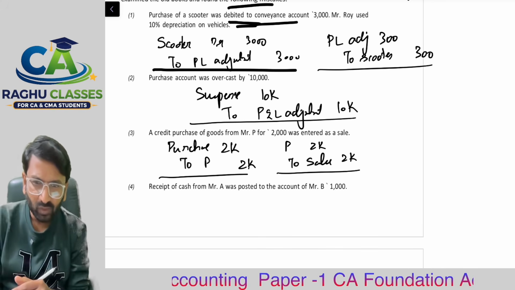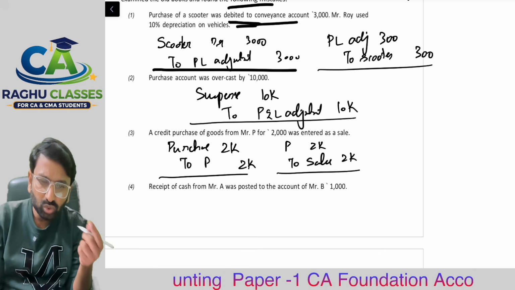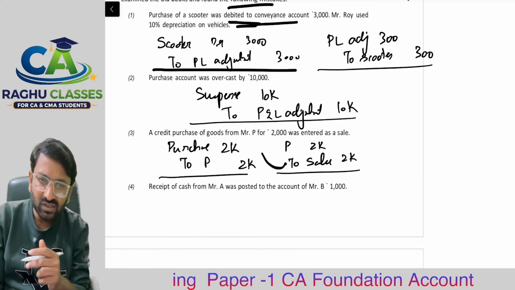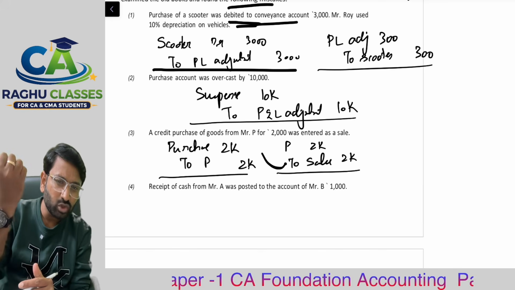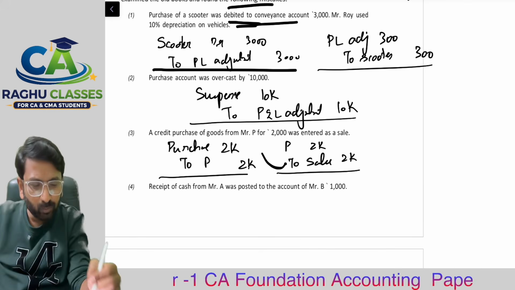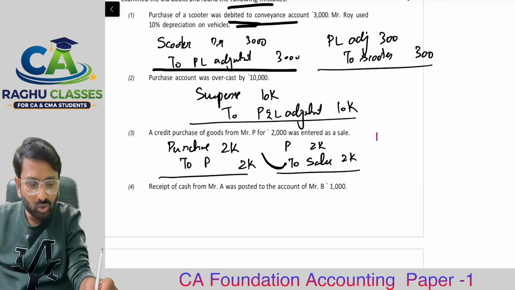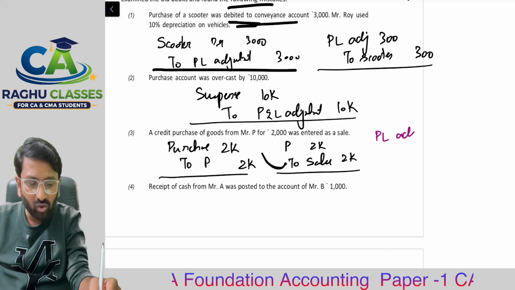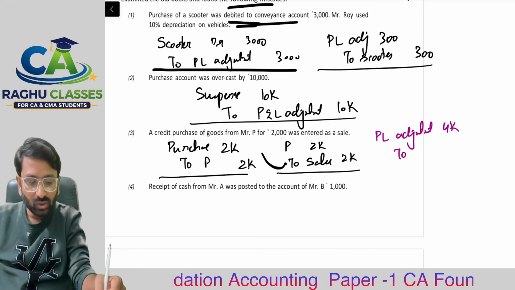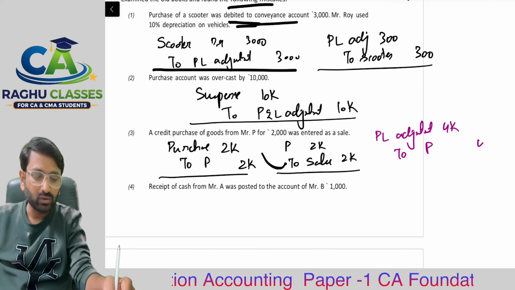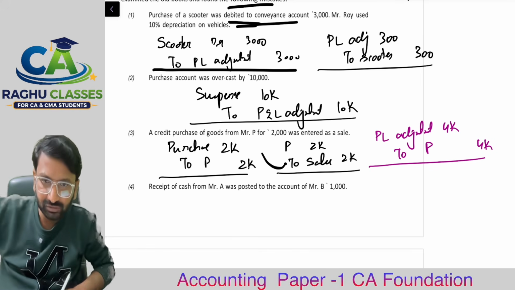Can we say purchase debit 2000, sales need to be cancelled now. Sales also debit 2000. Both are trading account items. So instead of these two items, I'll simply record P&L adjustment account 4000 to Mr. P 4000. This will be the rectification.